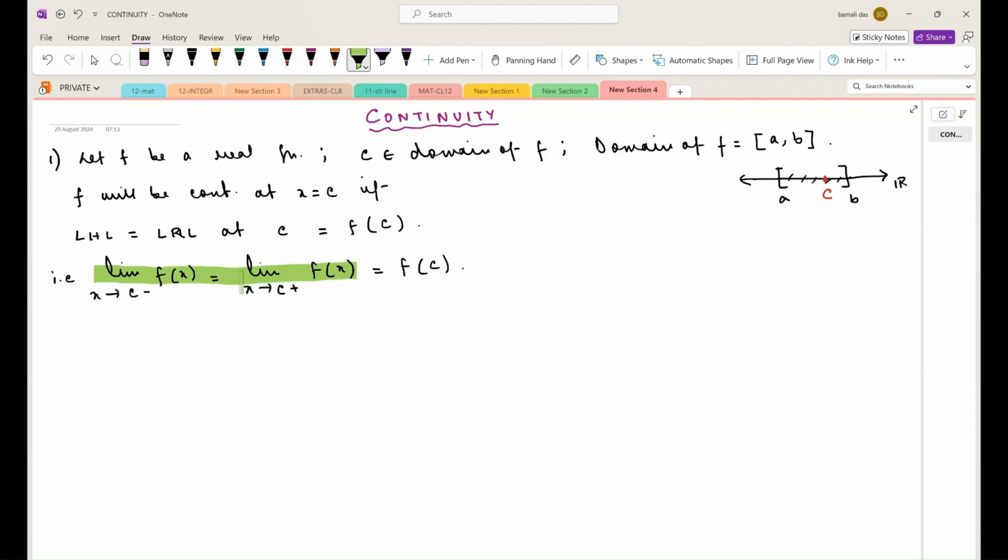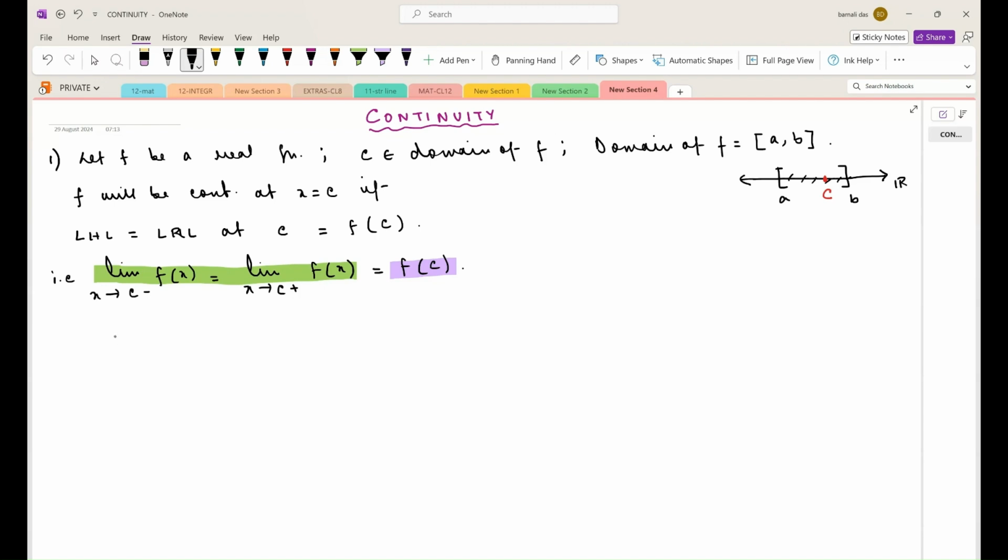The limit of the function at x equal to c exists if LHL equal to RHL. So for continuity, we add another condition that the common value of LHL and RHL is nothing but the value of the function at c. So that's the definition of continuity.